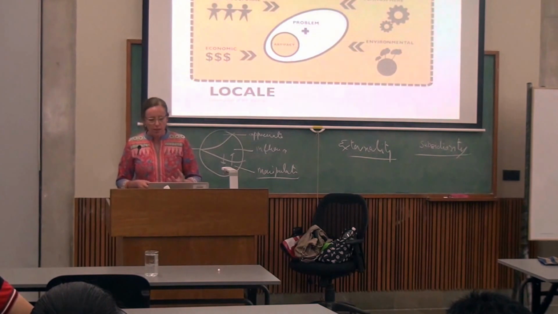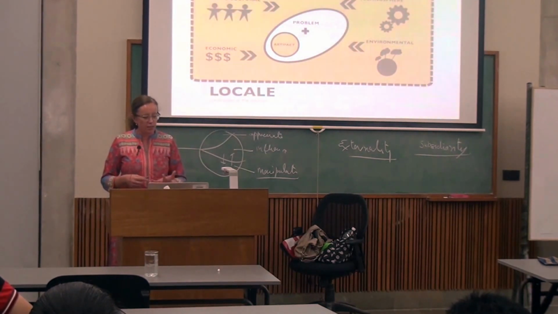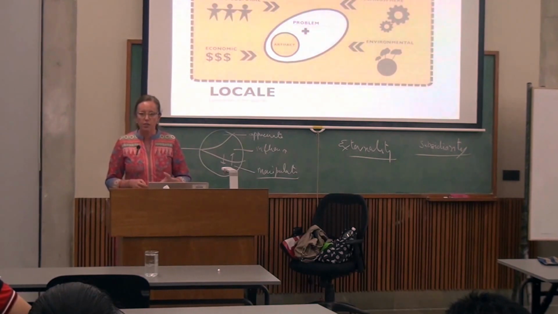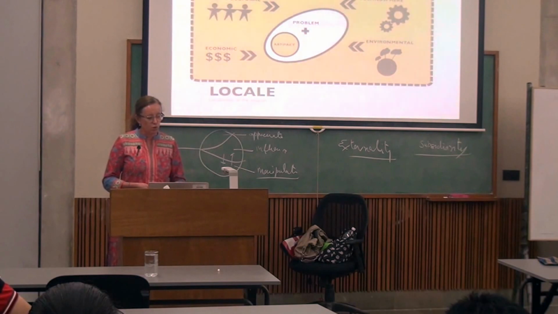With my students, I use a model that takes this idea of the triple bottom line, so the social, the economic, the environment, and I ask my students to look at the problem in respect to these 4 areas. So we look at the socio-cultural aspects.